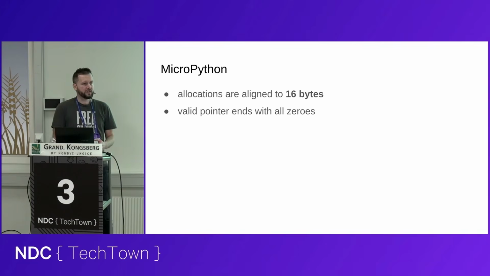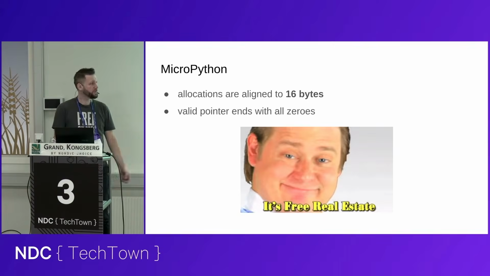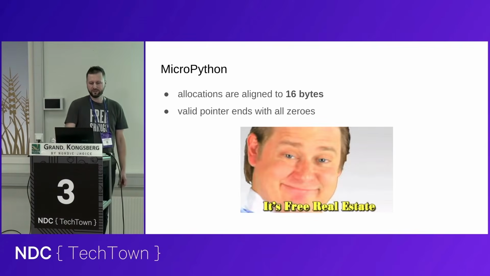The allocations are always aligned on 32-bit platforms to 16 bytes. So every allocation size must be a multiple of 16 bytes. And that means that every valid pointer has some zeros at the end. That's free real estate. So let's use it, right?